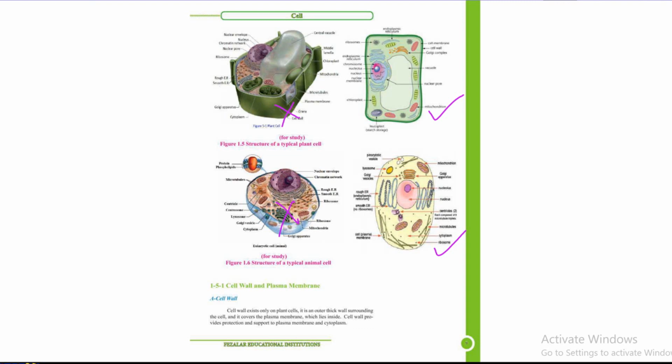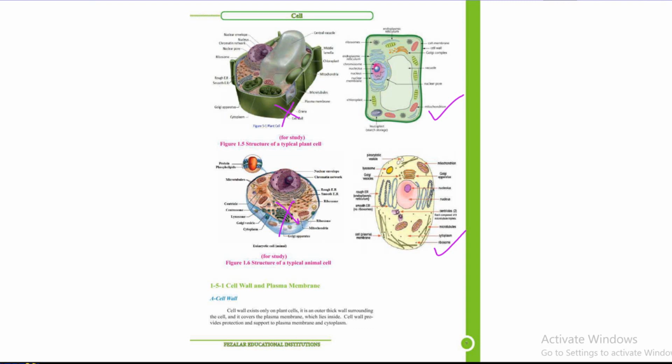They are included in the exam. From 2012, the date our book was renewed, these two pictures were added to the book, but until now it is not asked in the ministry exam, but it's included. So you have to know how to draw and label the parts of a cell.